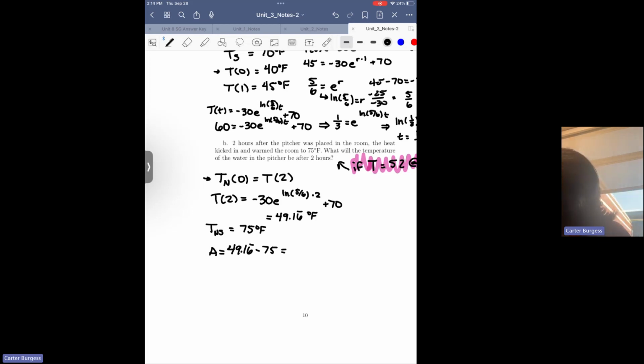I get negative 25.8, and if I'm doing 0.6 repeating, I'm going to say 0.83 repeating. And so what is our shell of a function going to look like? What is our new function for temperature?